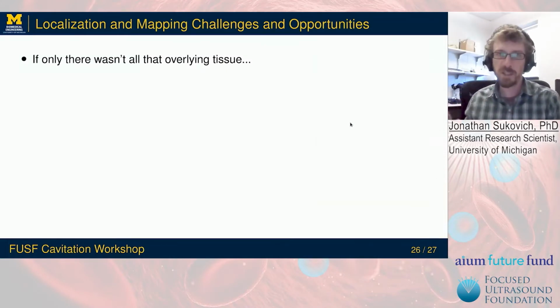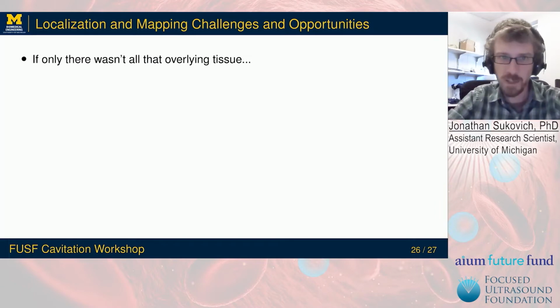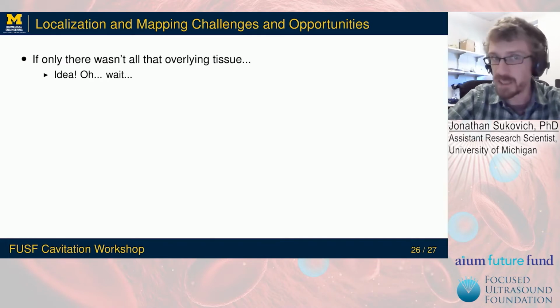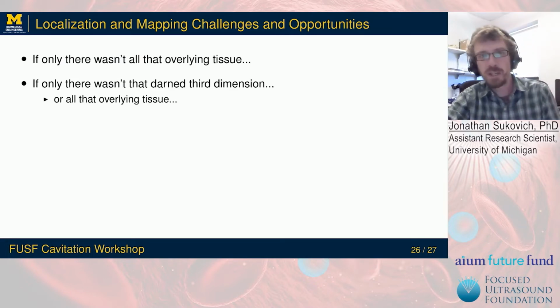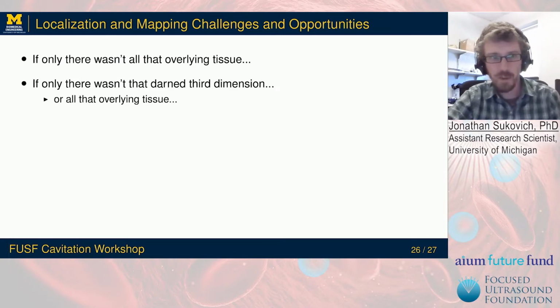But some of the challenges still with these localization and mapping things is, overlying tissue is a big issue. If you wanted to do active localization and mapping of the brain, for example, you'd have to take the skull out, which is not something that you can reasonably do. 3D localization is also a challenge. If refraction puts your focus out of the plane of your imager, then you lose it.